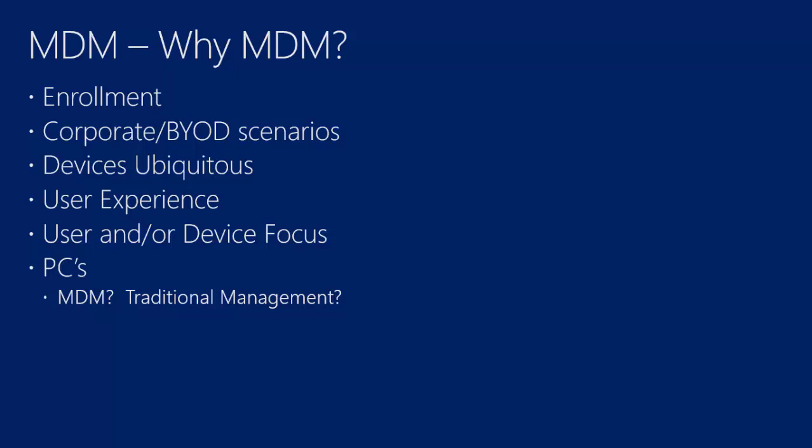So early on, when Intune MDM enrollment was first introduced, it was basically a firewall between the two. You could not manage a Windows 10 PC with both a traditional PC agent and MDM, right? One would preclude the other.